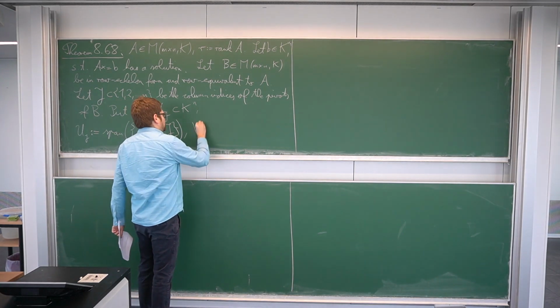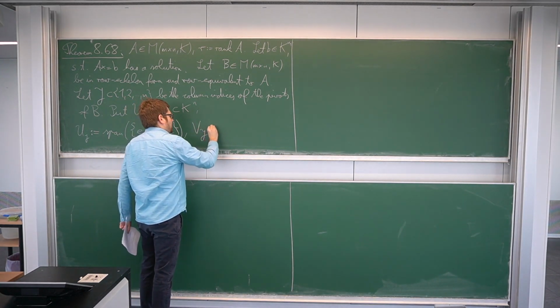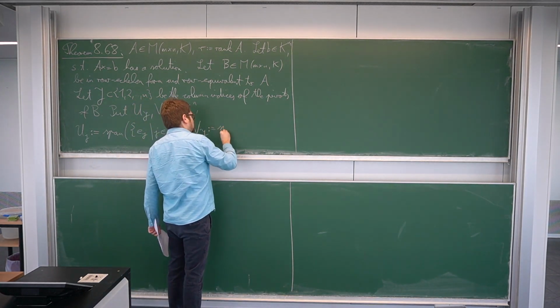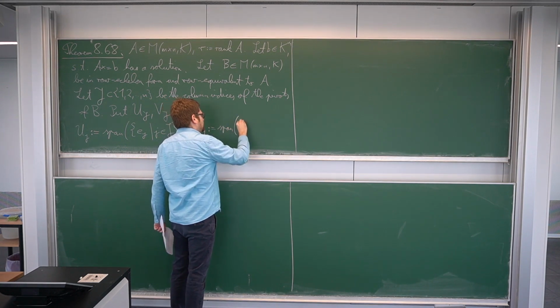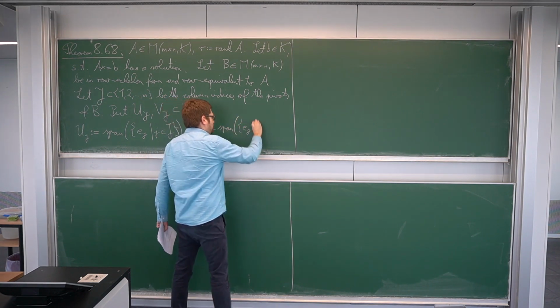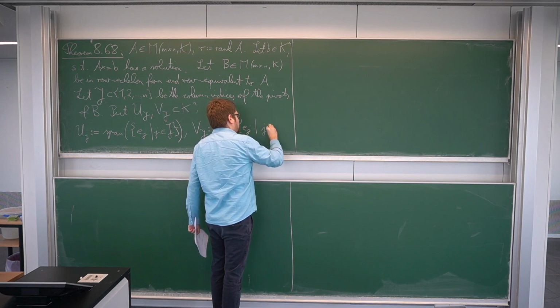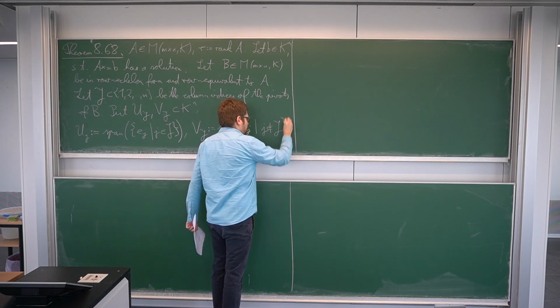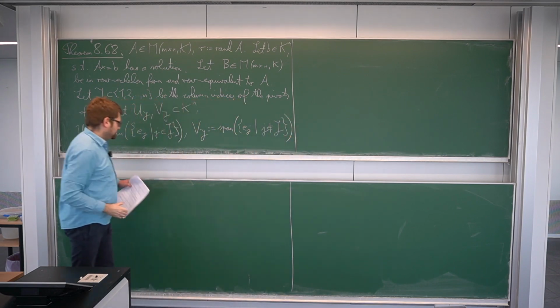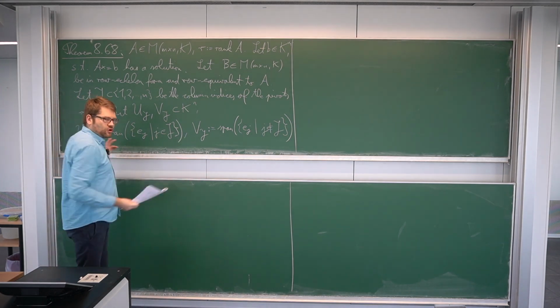And we now put V_J to be very similar, with the only exception that we take the span of all e_j such that j is not in J. So the rest.